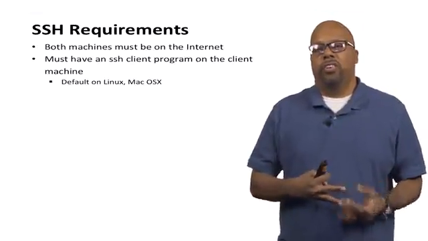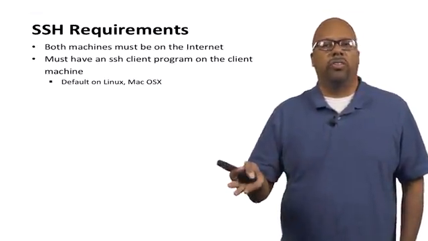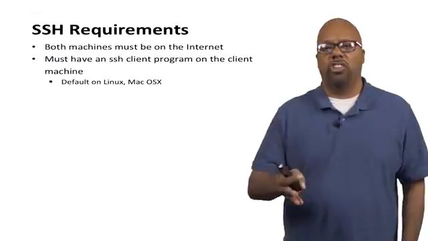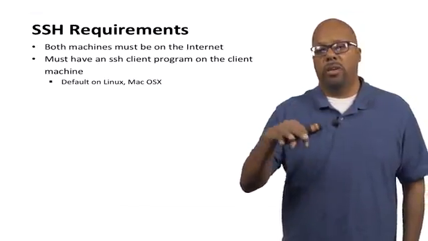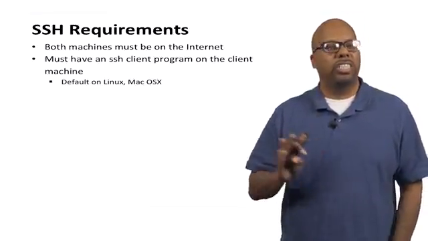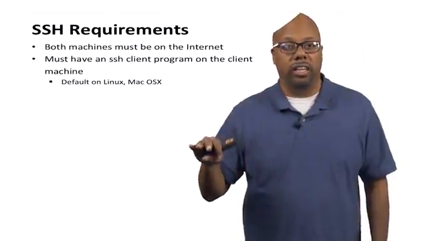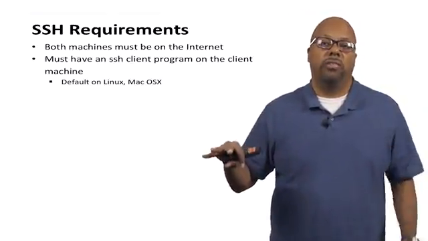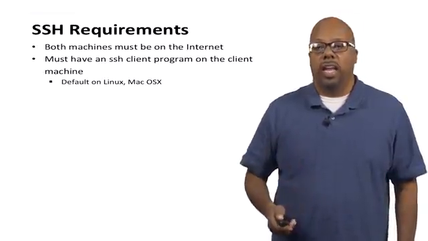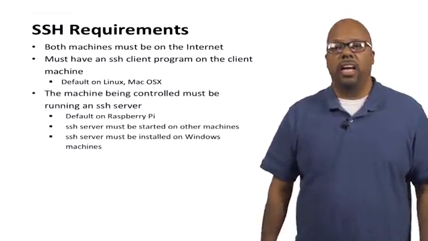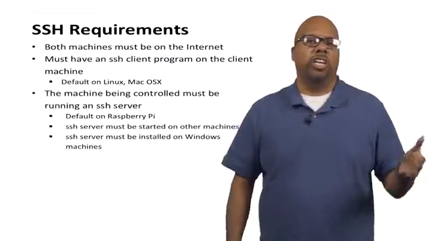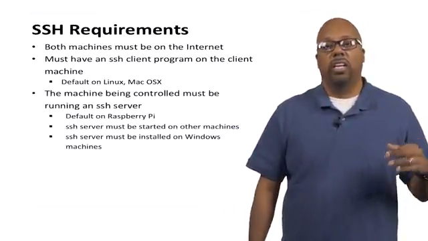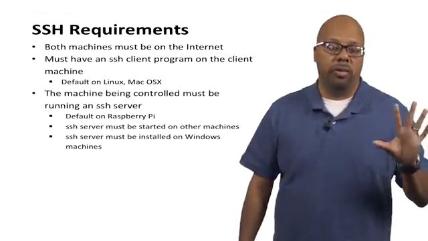If you have a Linux operating system on your machine, or Mac OS X, which is essentially a nice-looking Linux, either one of those two will have Secure Shell clients built in by default. If you're running on a Windows machine, then you're going to have to download a Secure Shell client of some kind. Usually I use PuTTY, P-U-T-T-Y.